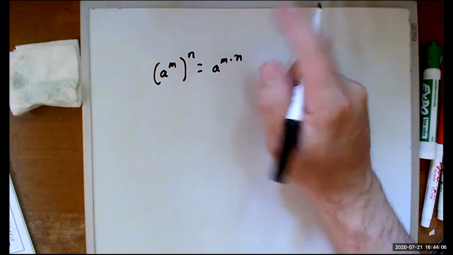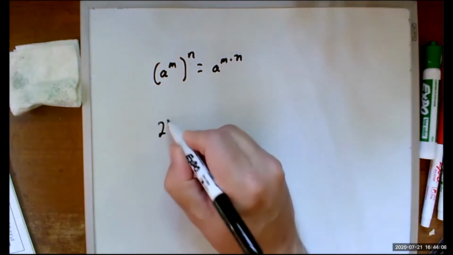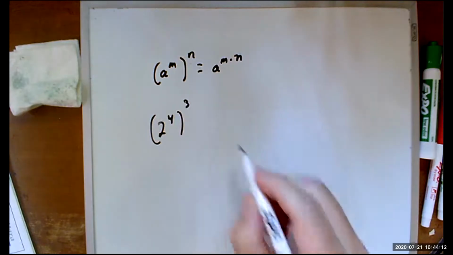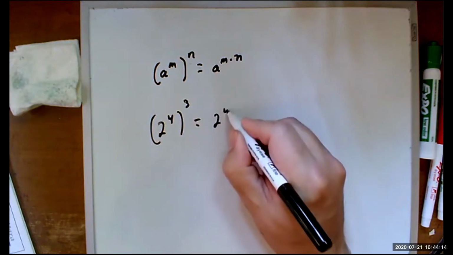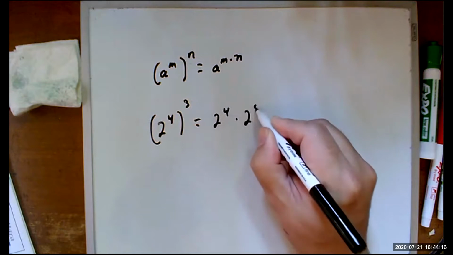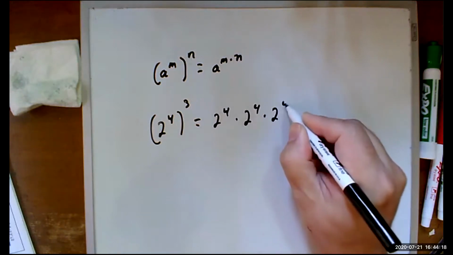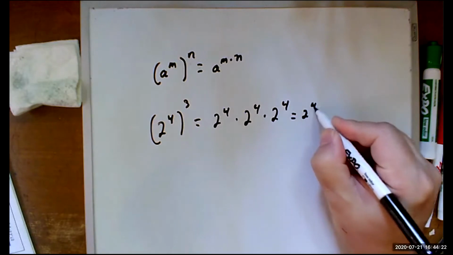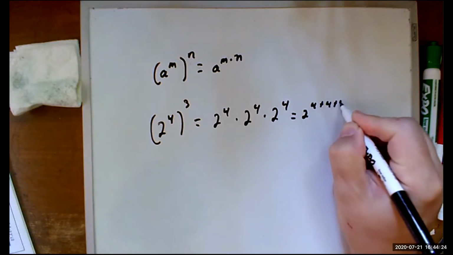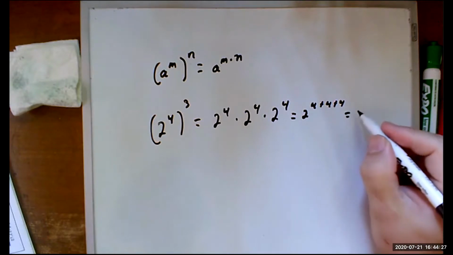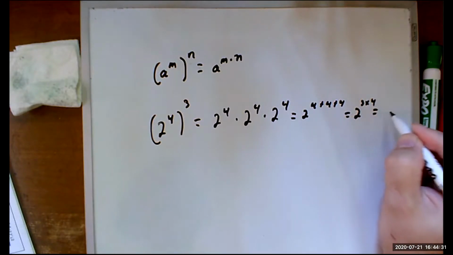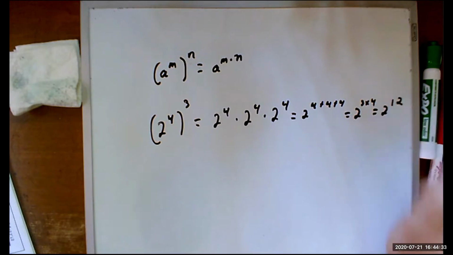We do that because if I have 2 to the power of 4 raised to the third power, that's the same as saying 2 to the power of 4 times 2 to the power of 4 times 2 to the power of 4, which as we just learned is the same as saying 4 plus 4 plus 4. And instead of adding, we could just go 3 times 4, in this case, 12.